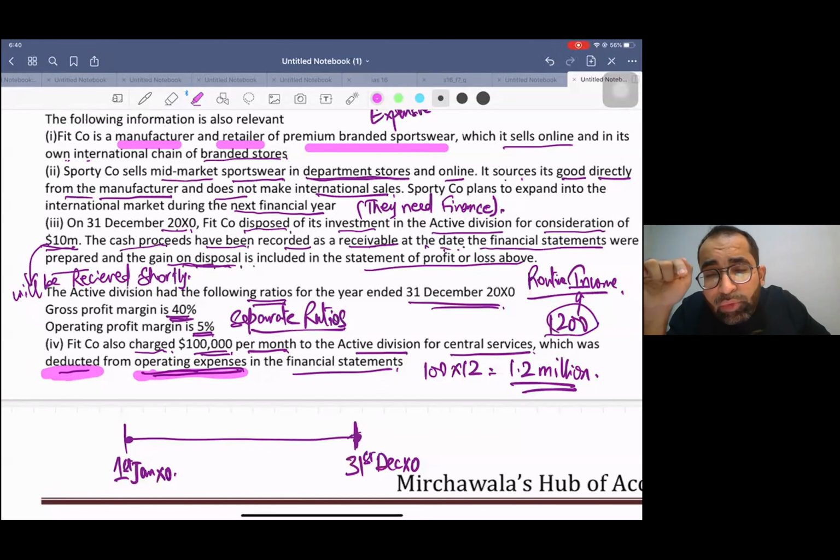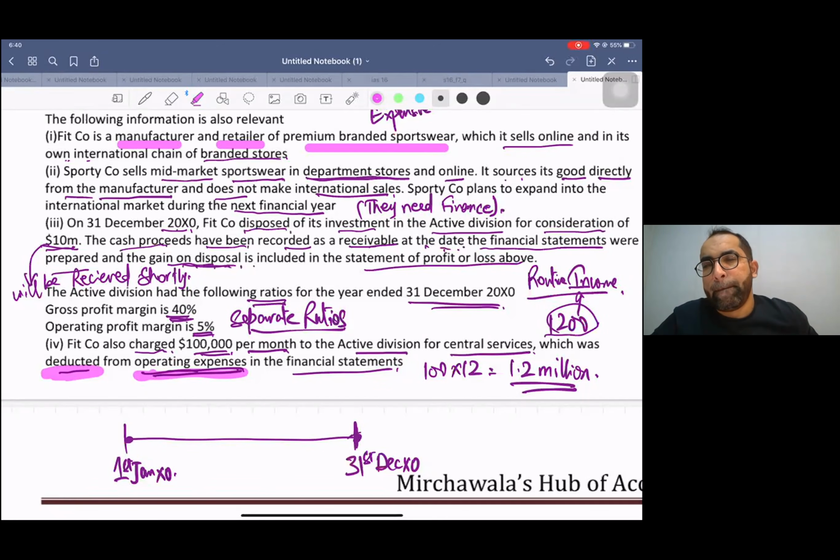So again, we can comment that your operating profit next year will go down with speed. Why? Because next year, two things won't be with us. I'm talking about Fit company. Next year, there will be no gain on disposal.